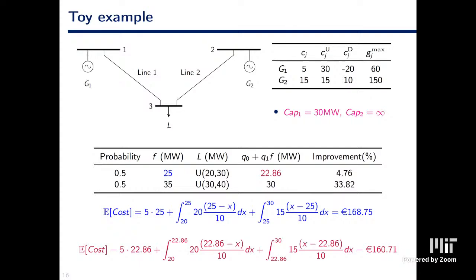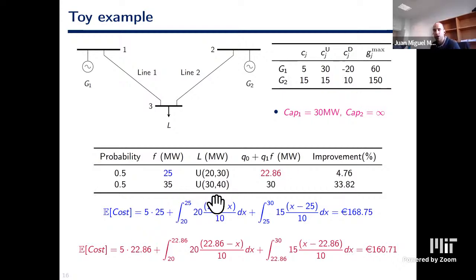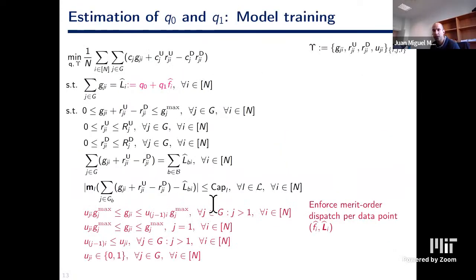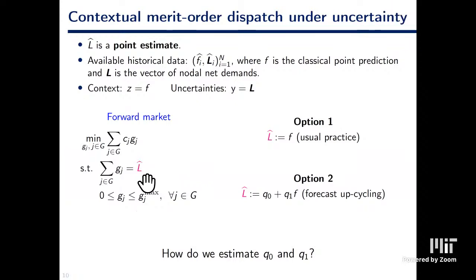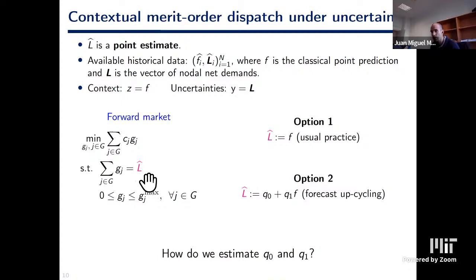But you have used the L-hat in the day-ahead market. In the forward market we use this L-hat, and we compare two options: when L-hat is given by the point prediction given by a forecaster that we have hired, or when L-hat is given by the forecast upgraded with a linear decision rule that I have trained.